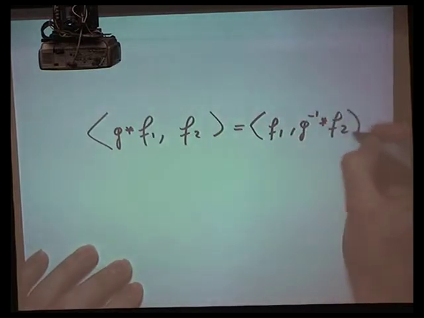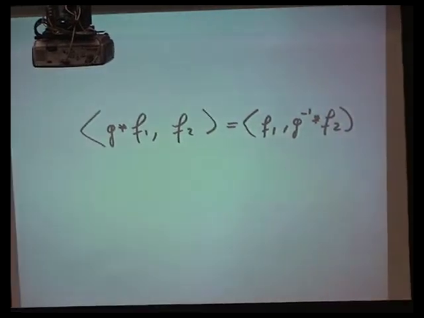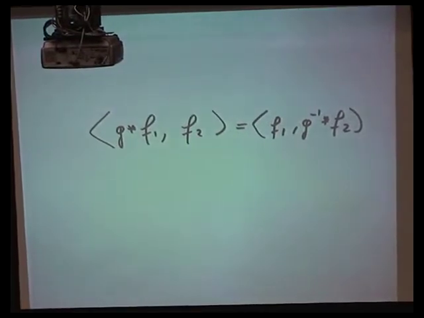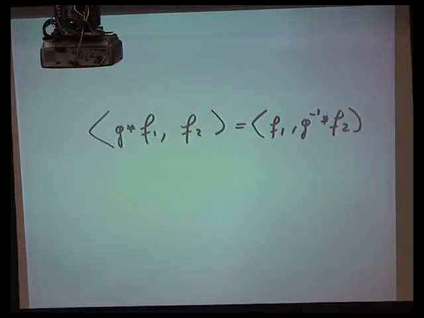Because when you are measure preserving, you're not just preserving the measure, you're also preserving the inner product. That means you're unitary, and if you're unitary, then the adjoint is the inverse map. So when you convolve with a characteristic function, the adjoint of that is the convolution with the inverse of the set. But the set itself is symmetric, so we get that it's a self-adjoint operator.